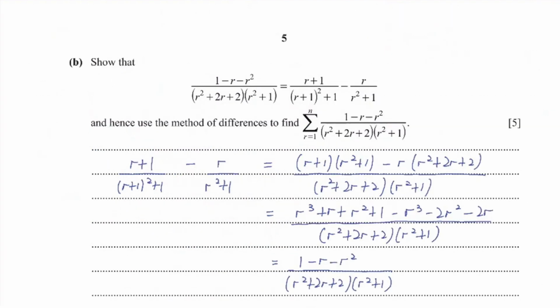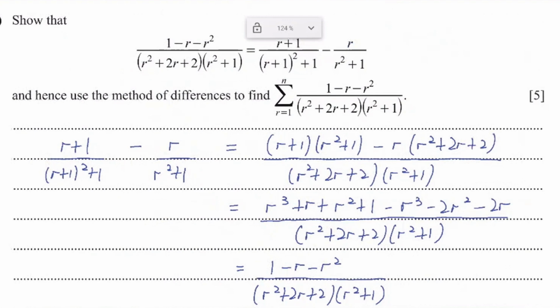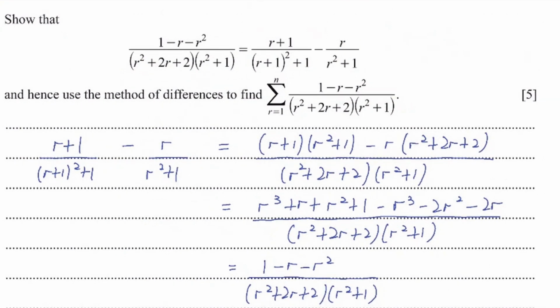As for the second part here, it is a showing question. What we have in the showing question is to first show the fraction given here, and hence use the method of differences to find this sum. Usually in a showing question, it is quite difficult for us to work from the left to the right hand side.